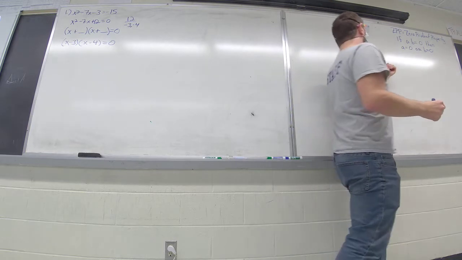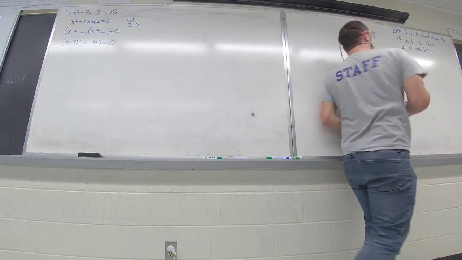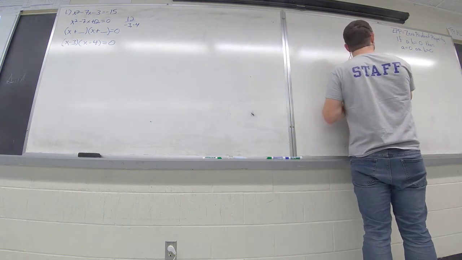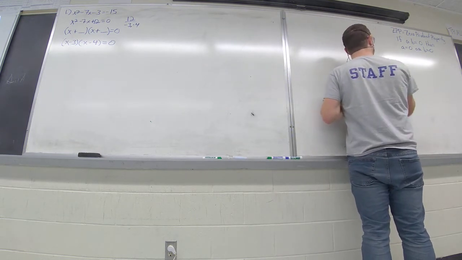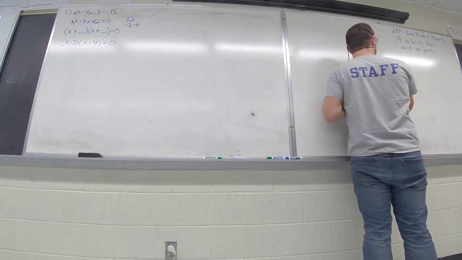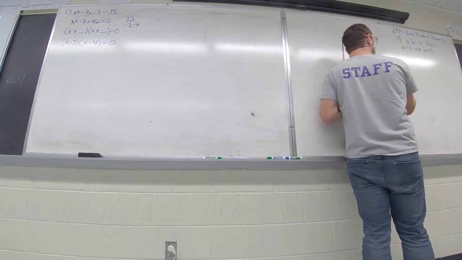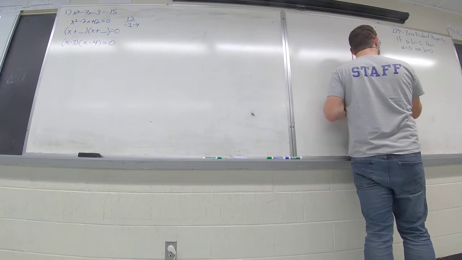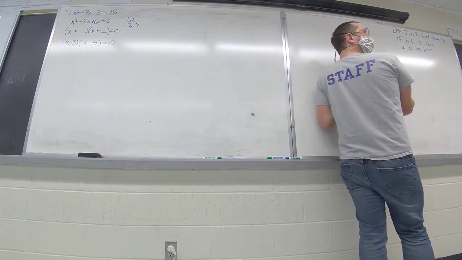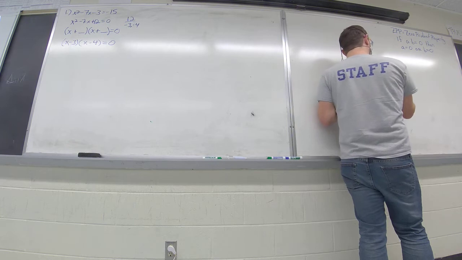Tell me possible values for what the numbers could be to give you a product of 15. -3, -5. Say it again. +3 or +5. 1 and 15. -1, -15.